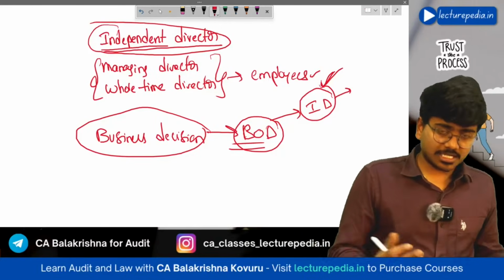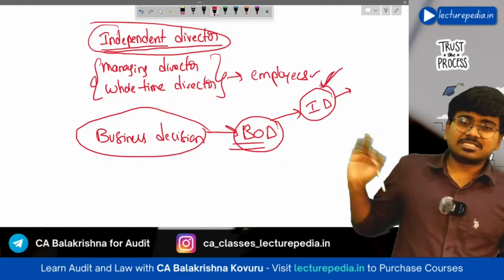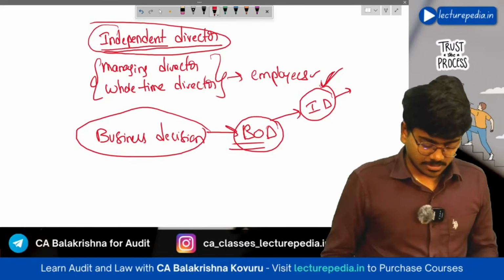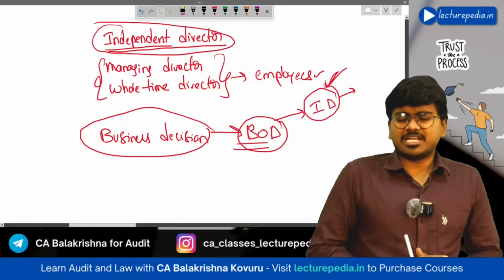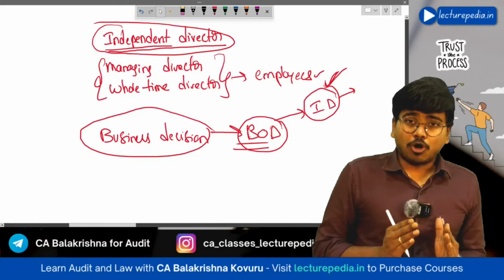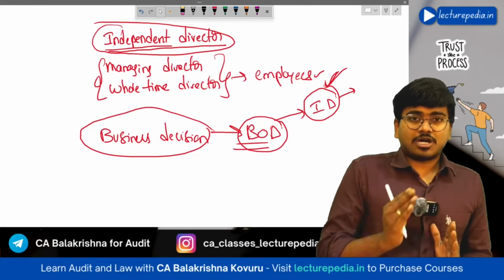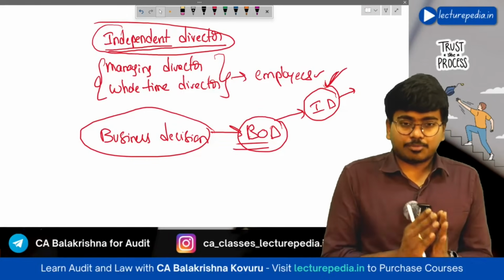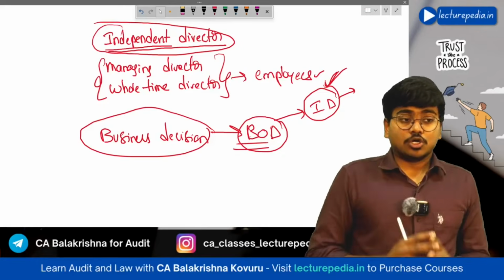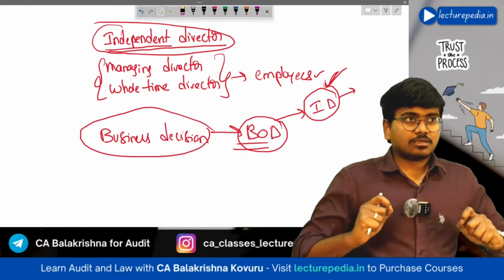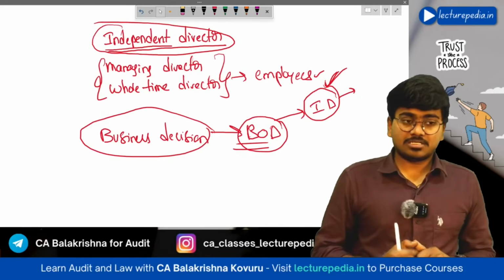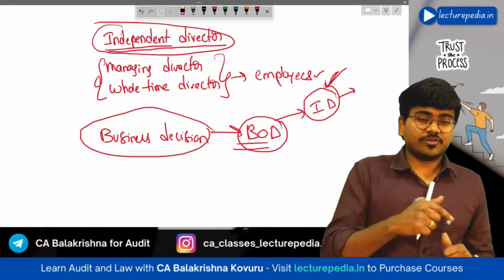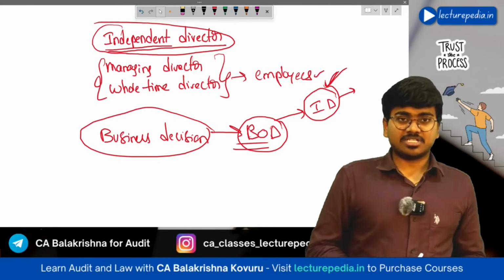In order to call a particular person an independent director, we will see the criteria. Basically, the purpose of having independent directors is to avoid frauds on the company, to take proper decisions in the company, decisions that are more beneficial to the company instead of the decisions that are beneficial to the directors themselves.